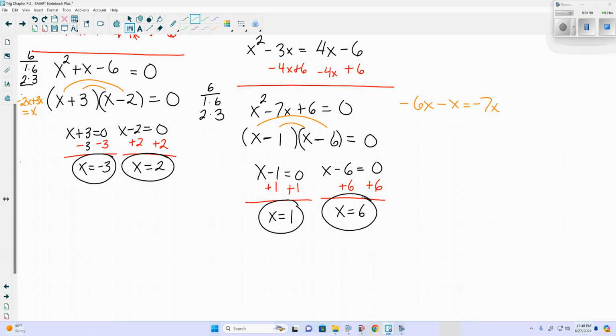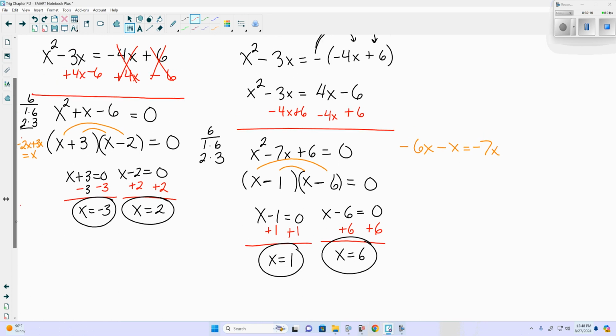So we have 4 solutions. We have that x is equal to 1, 6, 2, and negative 3. Questions on how we got these 4 solutions?